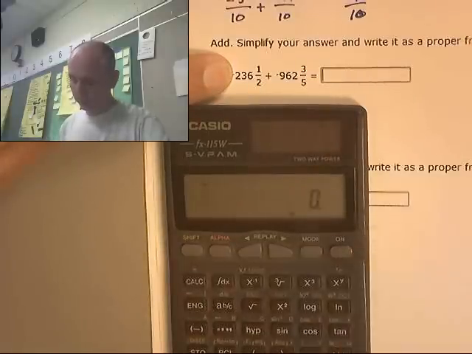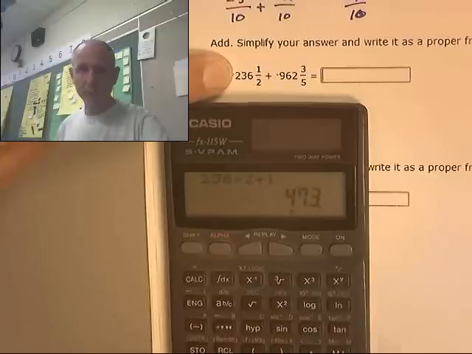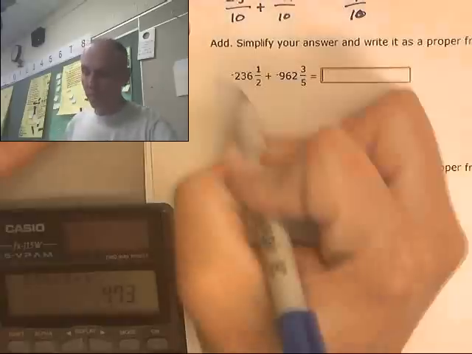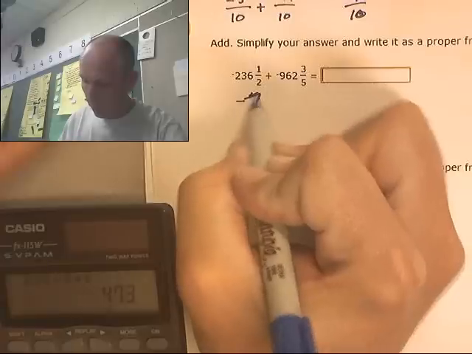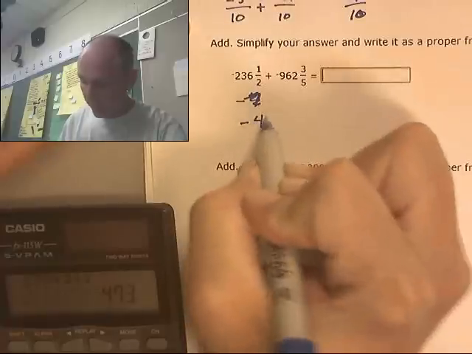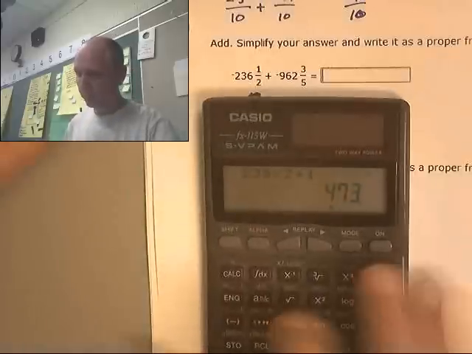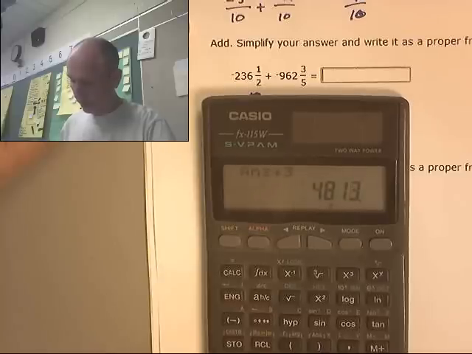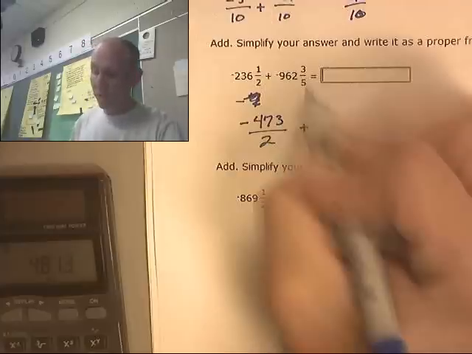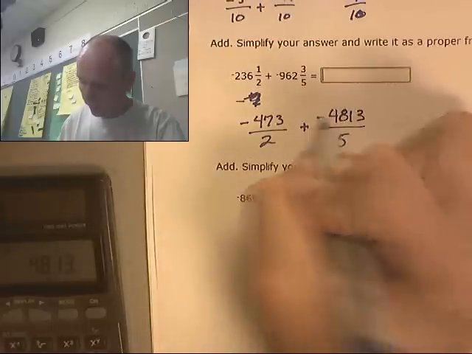That's 473, so I have negative 473 halves, plus 962 times 5 plus 3, 4,813 fifths.